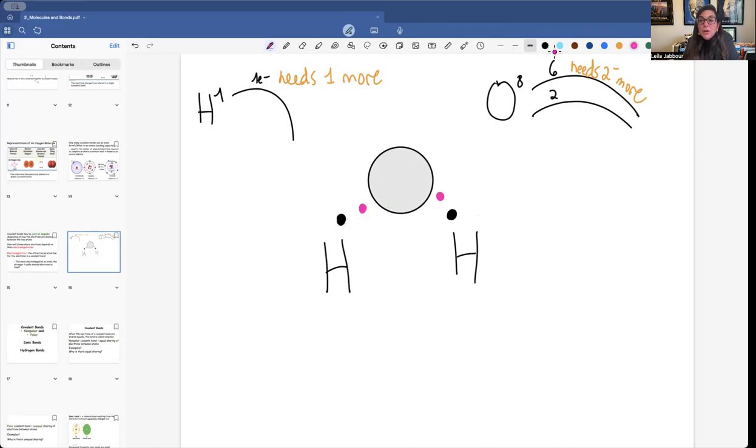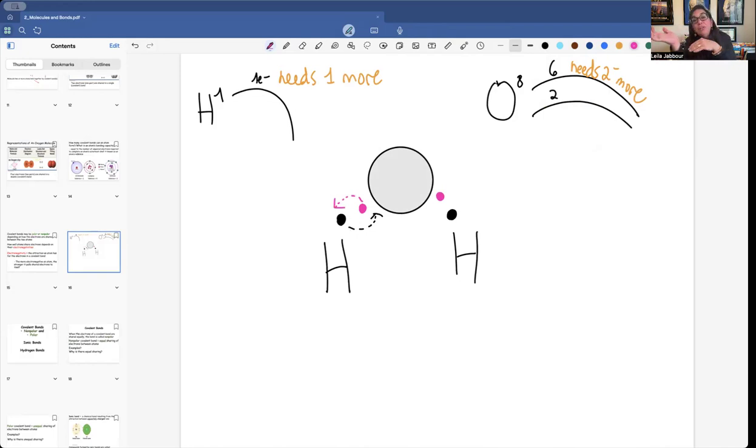These electrons are shared. So every time we talk about sharing, we're talking about electrons that are going to go towards the atom or away from the atom. This is what we're doing. In a covalent bond, we have shared electrons that are going back and forth.